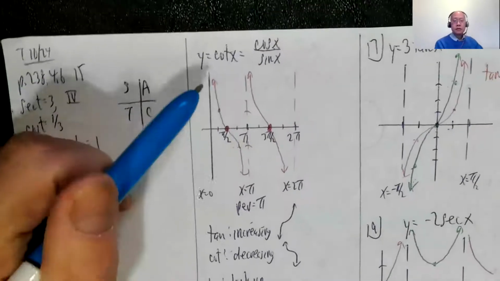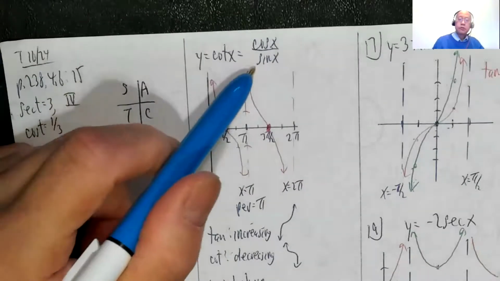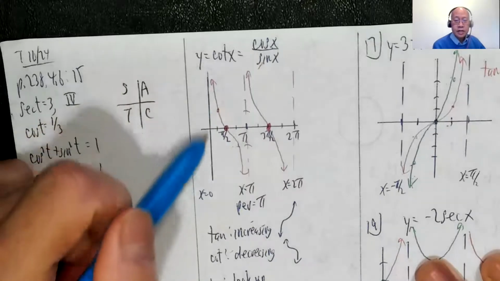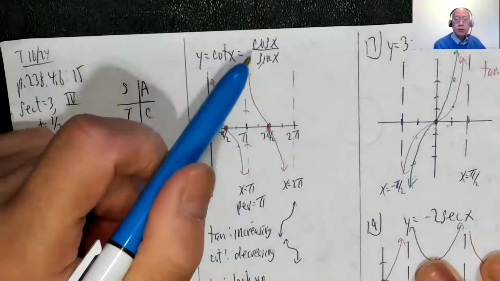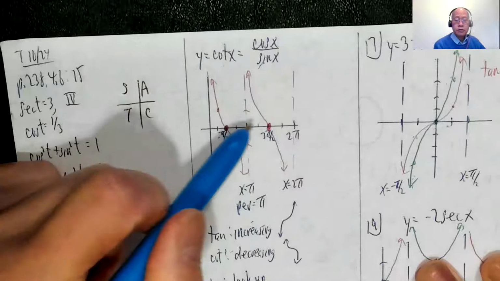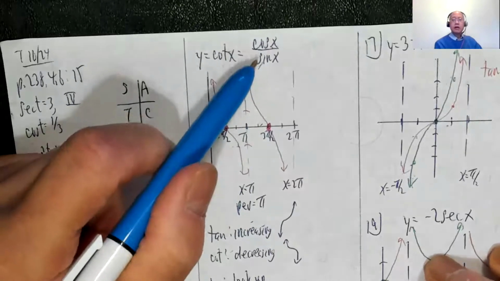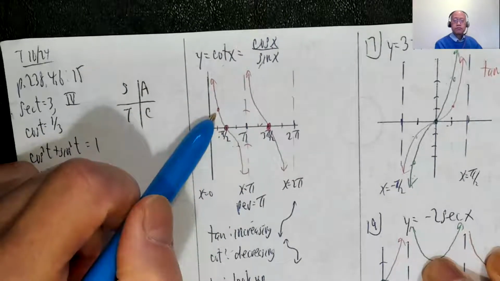Okay, cotangent, cosine over sine. So whenever the sine is 0, cotangent is undefined. That's at 0, pi, 2 pi. Whenever the cosine is 0, so is the cotangent, pi over 2, 3 pi over 2. If cosine and sine are equal, like pi over 4, the value of the function is 1.